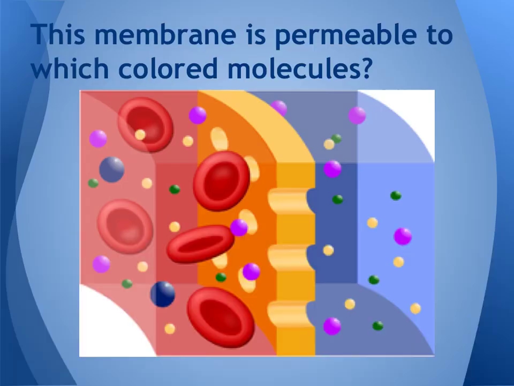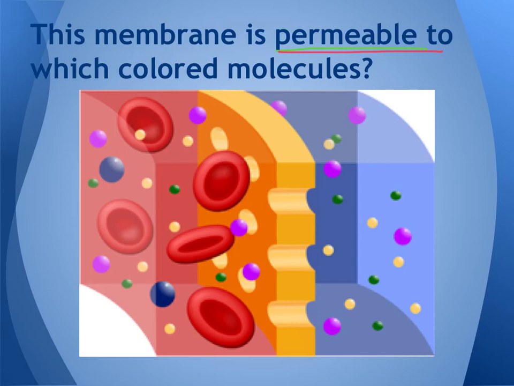If we take a look at this diagram, I asked the question, this membrane is permeable to which color molecules? Well, we have to simply understand the term semi-permeable or permeable, and ask ourselves which molecules can pass through the pores of this membrane.